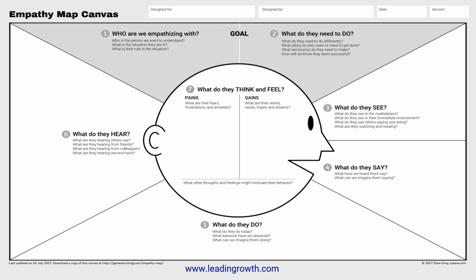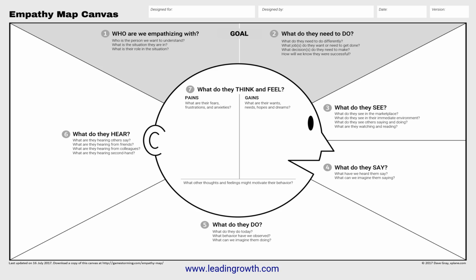This particular map comes from David Gray and Associates, who wrote the book Game Storming. There are many other versions of an empathy map. It doesn't really matter which one you use. The idea is to assemble the insights that you have about a particular target market onto the empathy map.